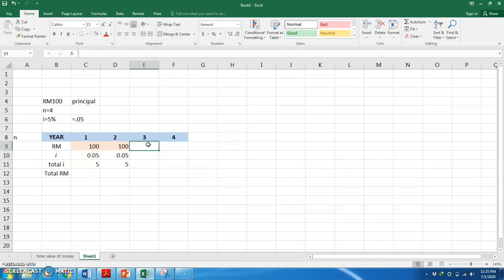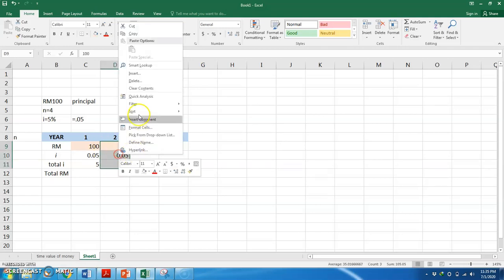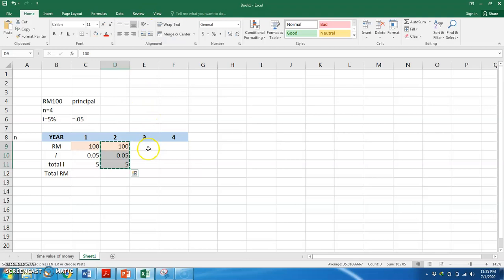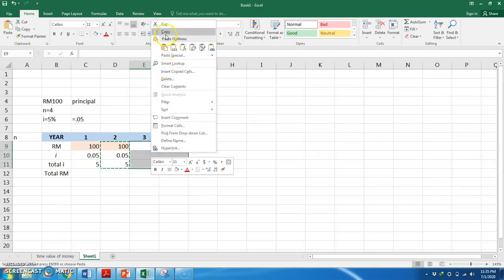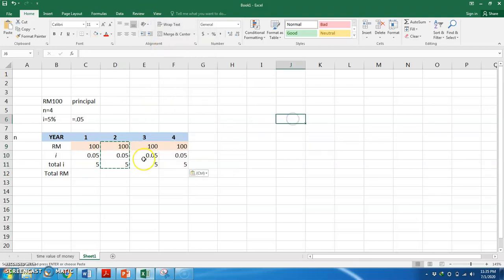It means that I didn't add to my principal. It's just 100 ringgit because I only put 100 ringgit. So every year there will be 0.05 interest. So every year I will get 5 ringgit.